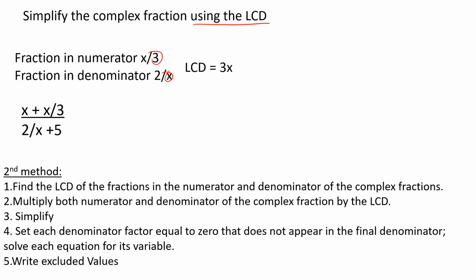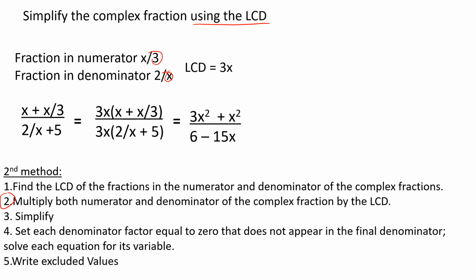We now are going to multiply both numerator and denominator of the complex fraction by the LCD. So that's what I'm doing here. And we're going to go ahead and distribute. So 3x times x gives me 3x squared. And when we multiply this here, we're getting 3x squared over 3.